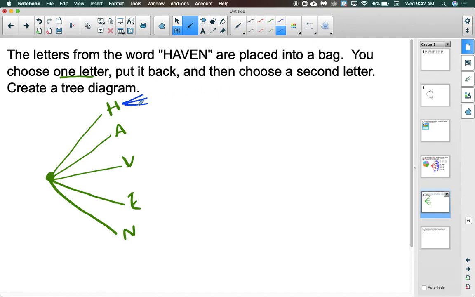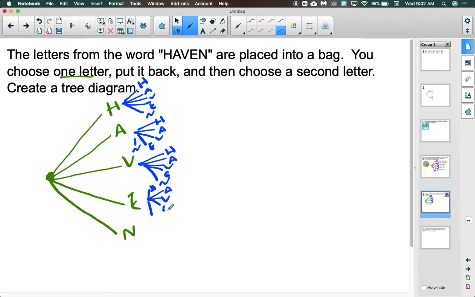So my outcomes are still the same: H, A, V, E, N. We just keep repeating that for each branch. No matter what letter we picked on the first pick, because we put it back in the bag, we can pick it again for the second pick. So that's what this tree diagram would look like when we do the same step twice in a row.